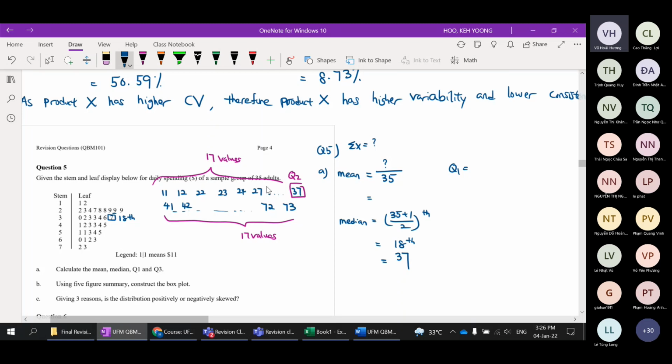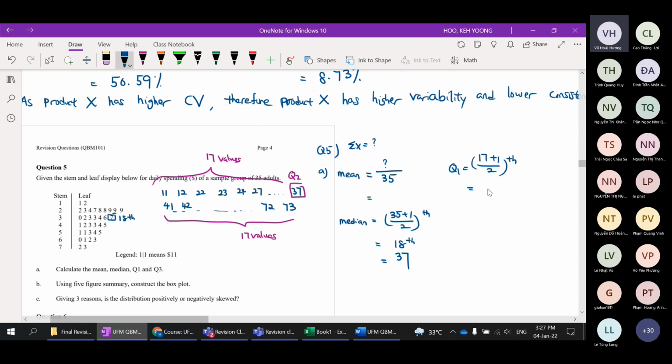You can apply the same formula, but n please change to 17, because we are only looking at the 17 values.